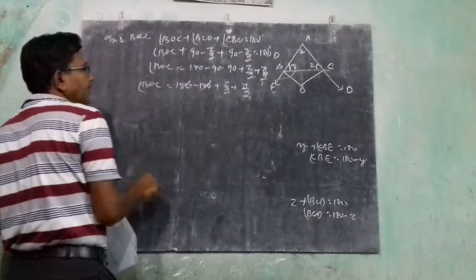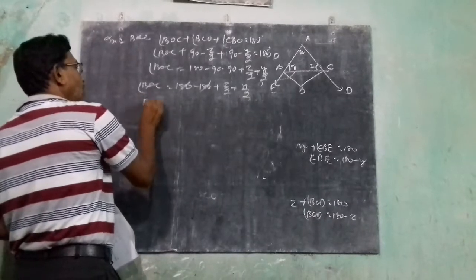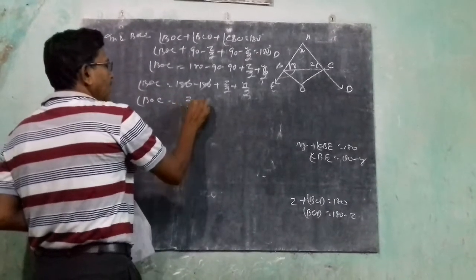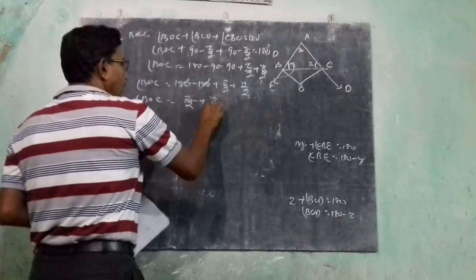So the 180s cancel, and BOC equals Z by 2 plus y by 2.